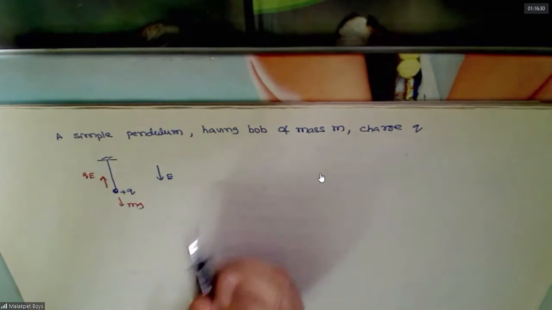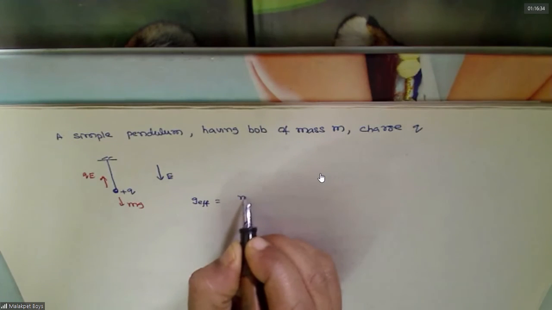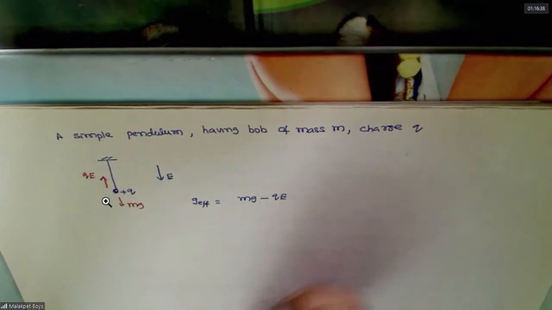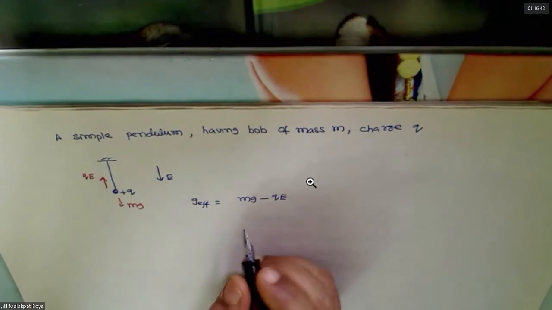So what is the g effect you will take? Mg won't be acting because that part is balanced by QE, no? Suppose this one is 100, this is 20. Totally you'll have 80 downwards, no?